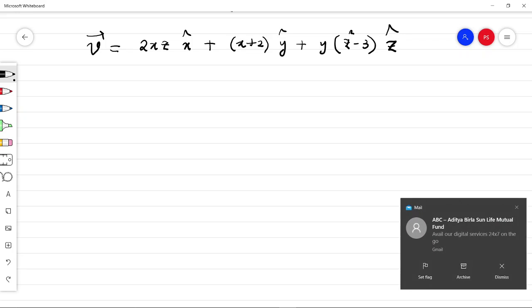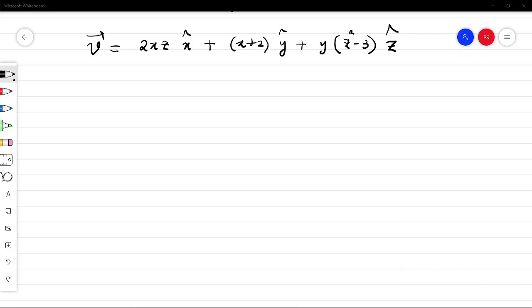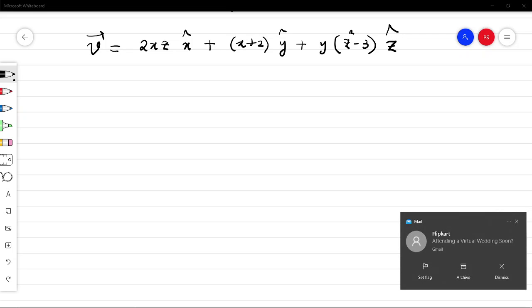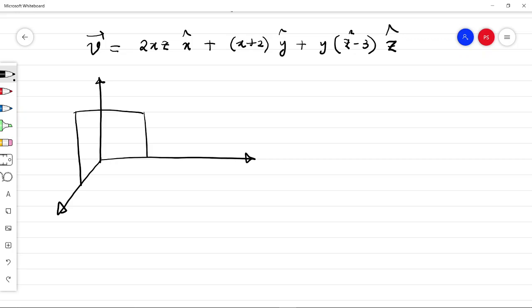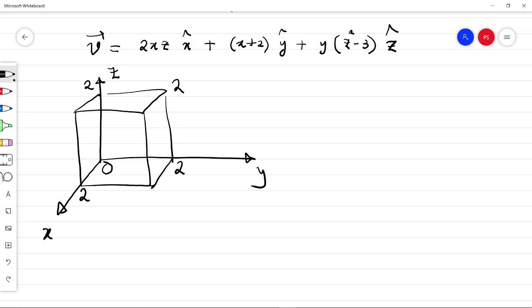Now suppose we need to find out the surface integral over a cubical surface of this shape having its vertices given by coordinates 2. So this is a cube. In short, this is a cube of sides of length 2.